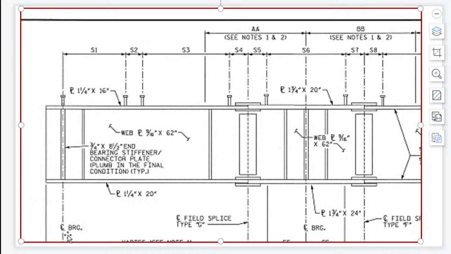Next, center line. This is the center line of the bridge. Center line of the bridge. So what else can we find?